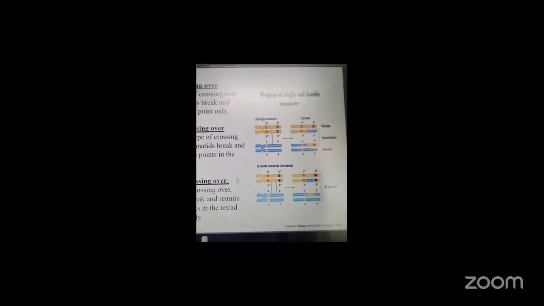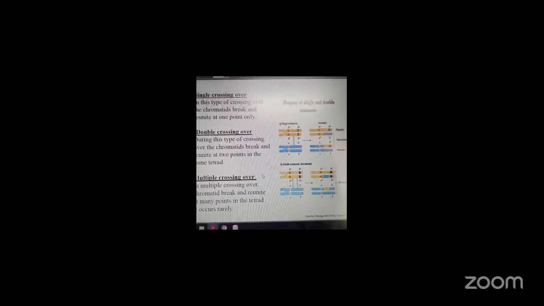In single crossing over, the chromatids break and unite at one point only. At a single point only they reunite or break down. That one is the single crossing over.